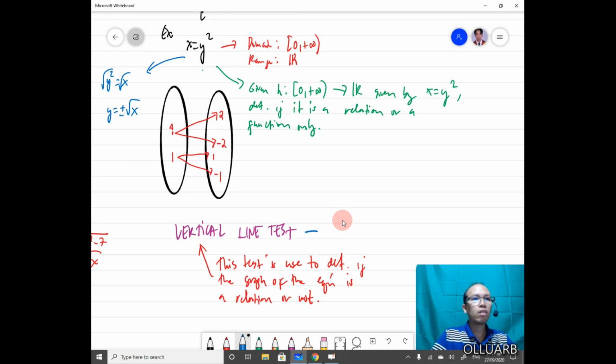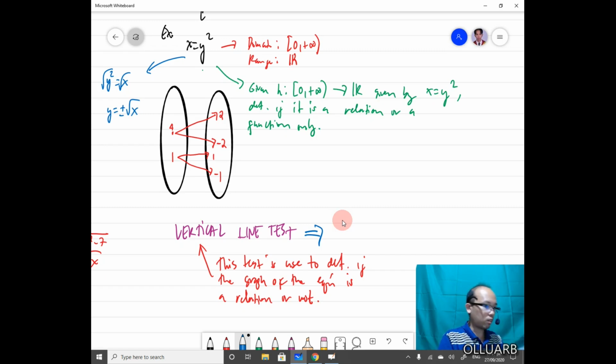The vertical line test is a test where you are going to determine if the graph of the function is a relation or not.